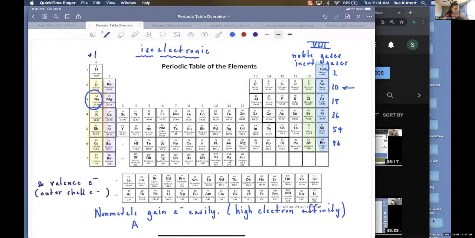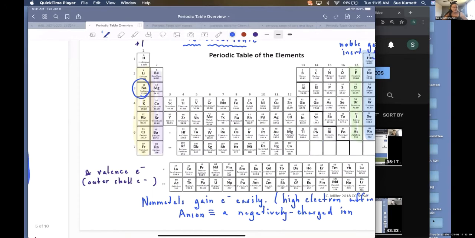An anion is a negatively charged ion. So metals lose electrons to form cations. Nonmetals gain electrons to form anions. And when they do, we have an ionic compound. And that's what I want to focus on.